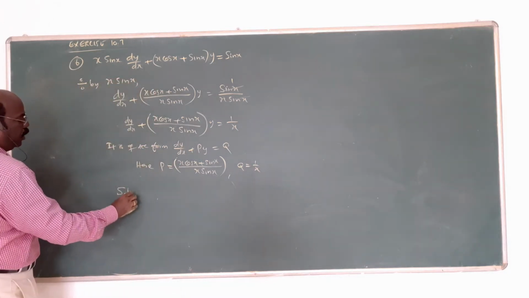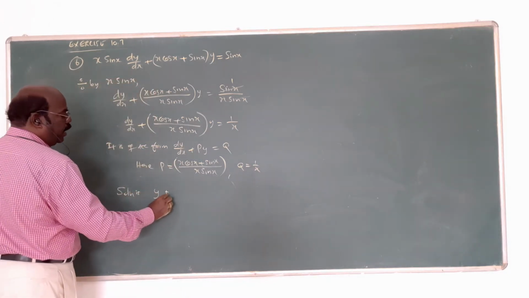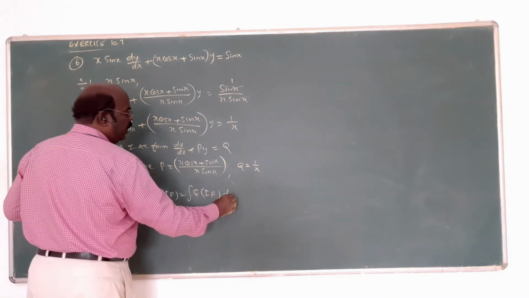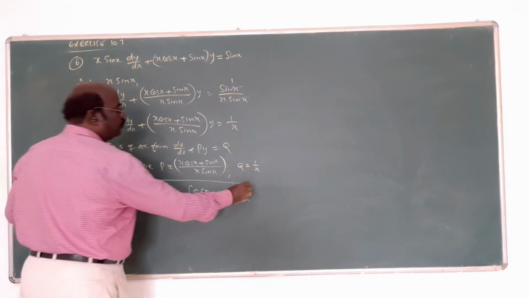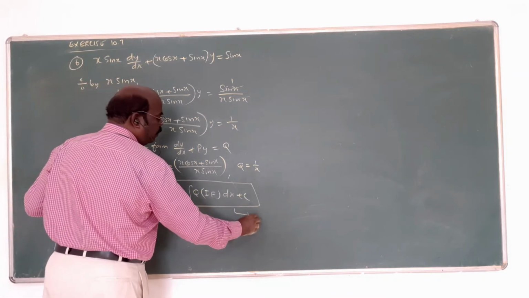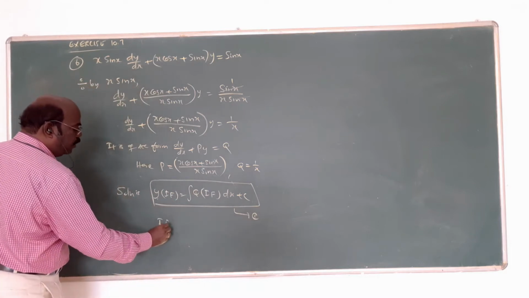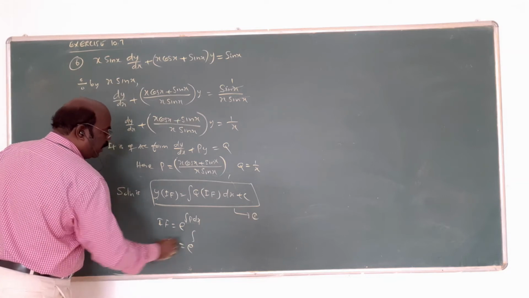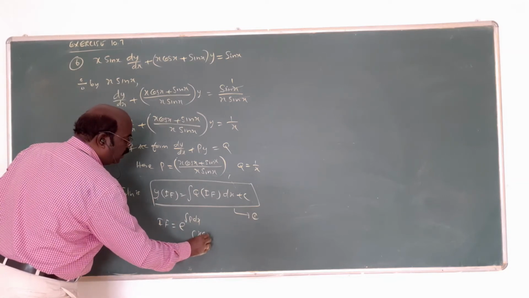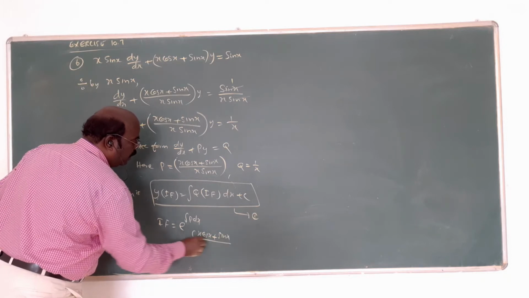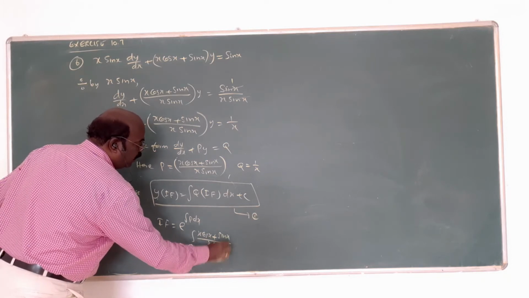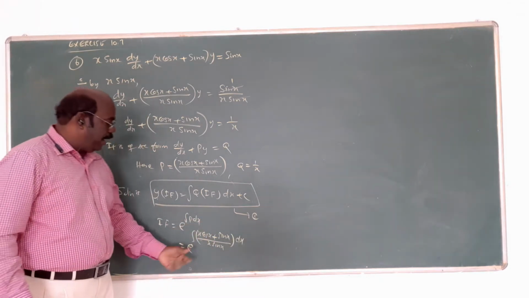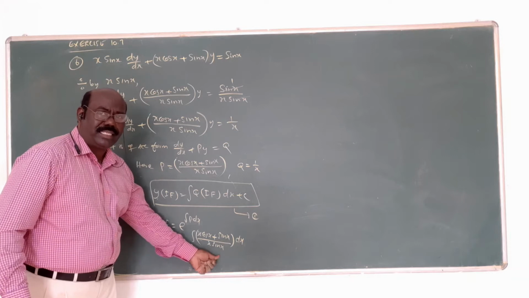Now write the formula for solution. What is the solution? y into IF equal to integral of Q into IF dx plus c is the formula. The formula is very important. In the formula you want IF, e power integration of P dx. Okay? e power integration of P is what? x cos x plus sin x divided by x sin x into dx. Now already I told you this type of problem: e power, denominator is x sin x.